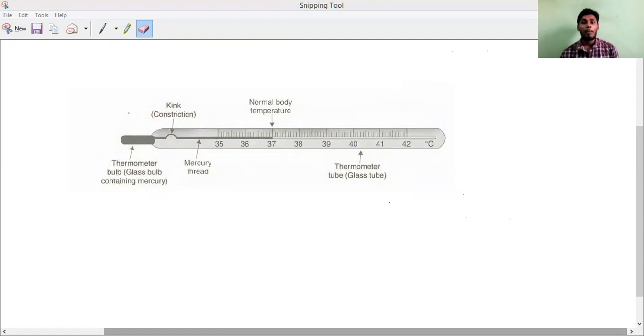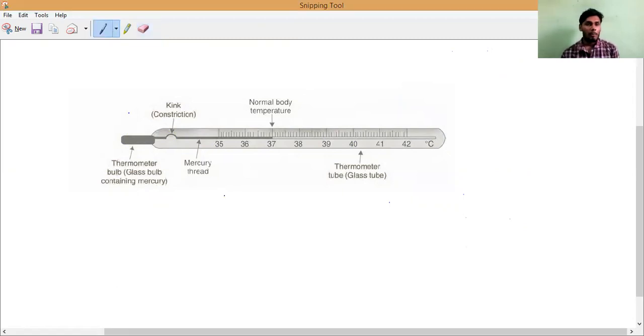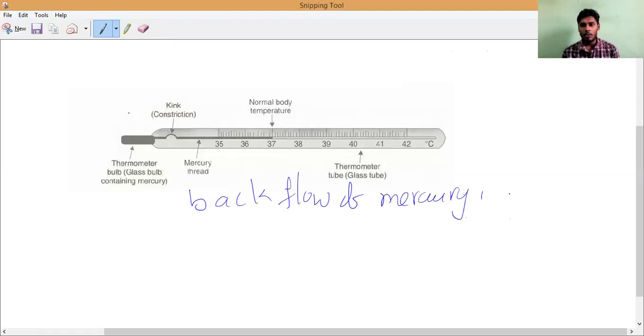It will prevent the backflow of mercury into the mercury bulb.